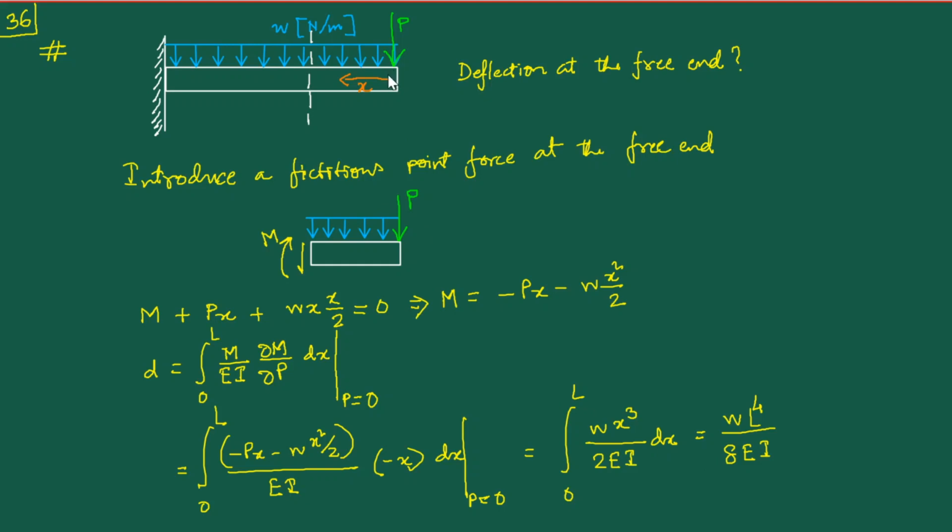And this is the method which we'll follow all along, that whenever we are asked to find out a deflection or any other entity, as we'll see, like slope, at a point where the point force is not present, we'll artificially introduce the point force and then proceed, and then finally we'll set that artificially introduced point force to be equal to 0. All right, so we go on to the next problem now.